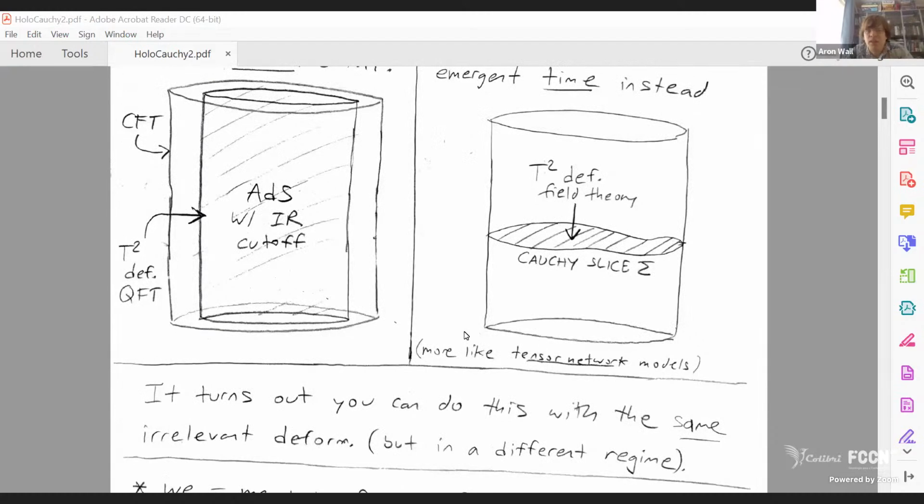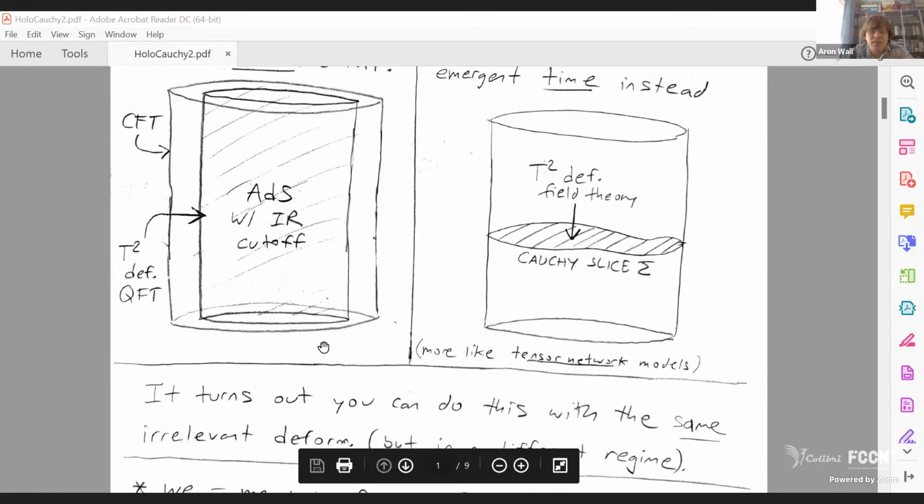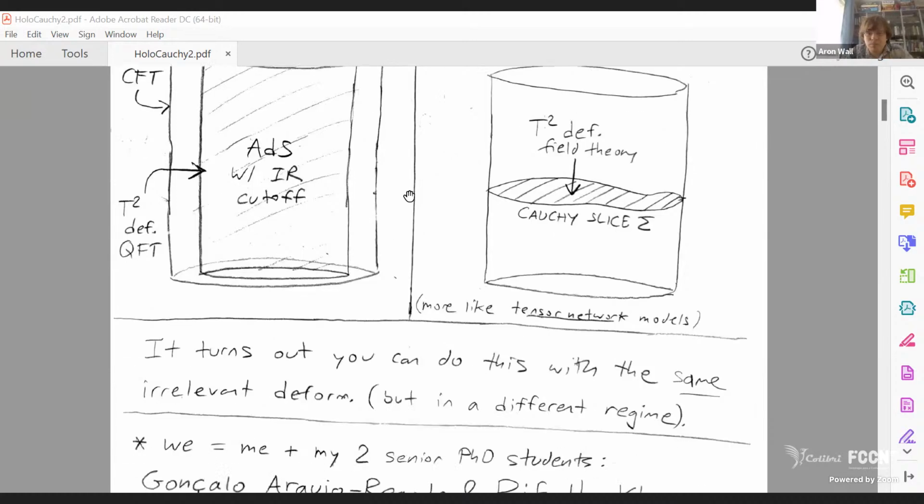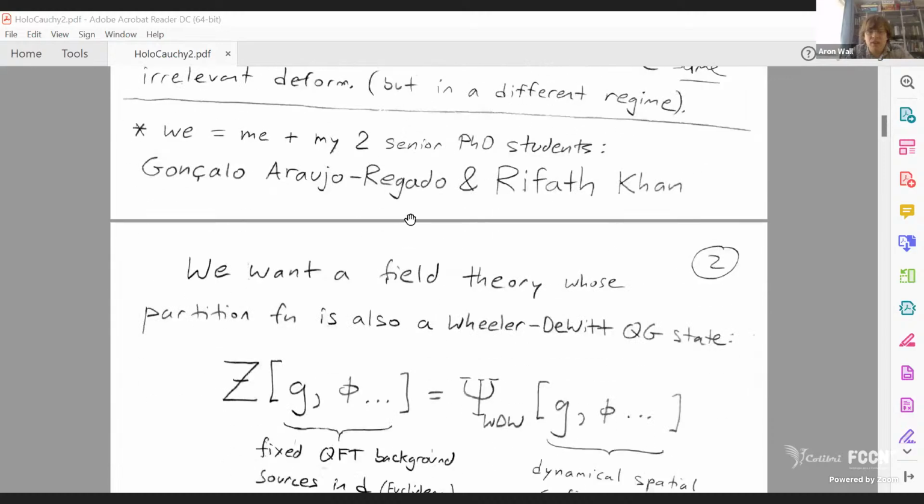Now, it turns out you can actually do this with the same irrelevant T-squared deformation that you would do to implement the picture on the left. You just start with a different geometry. So I'll show how that works.